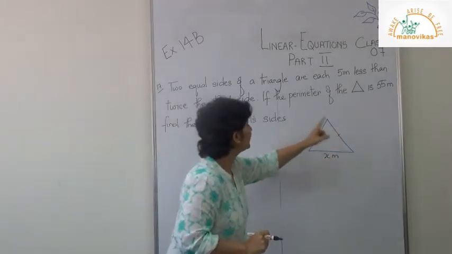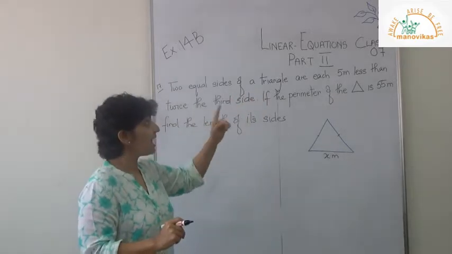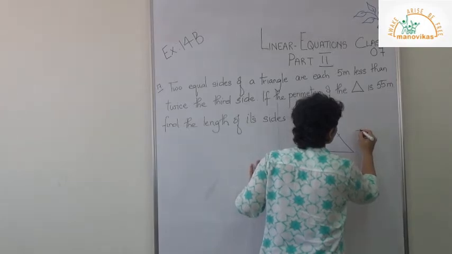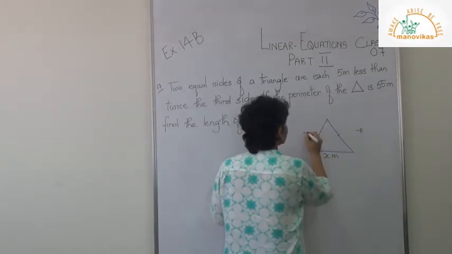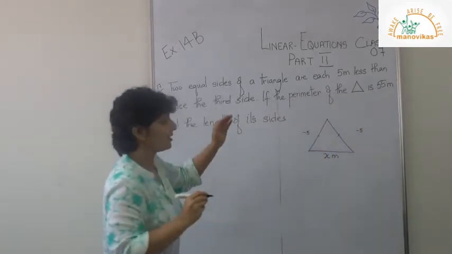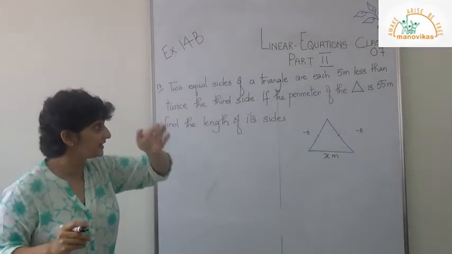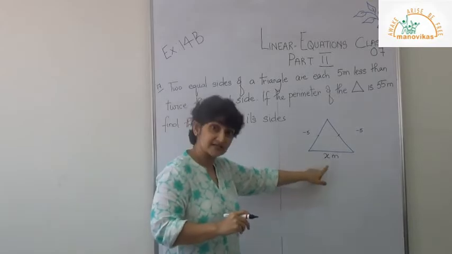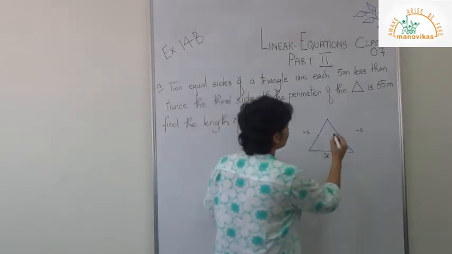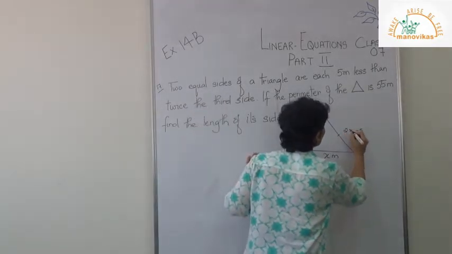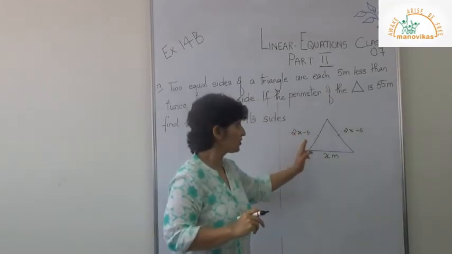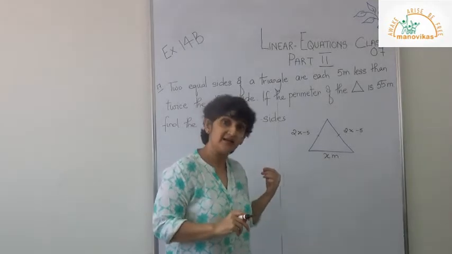The 2 equal sides of a triangle are 5 meter less, means minus 5, and this also will be minus 5. Okay? They are 5 meter less than twice the third side. This is x. So this will be 2x. Then this also will be 2x. Why? Because these 2 sides are equal.